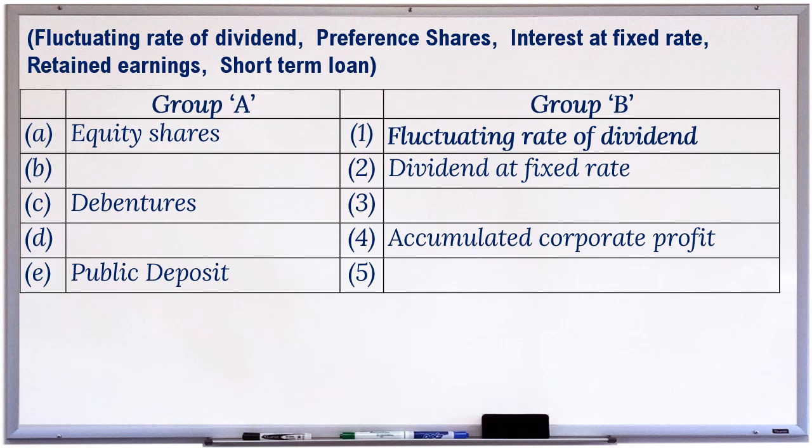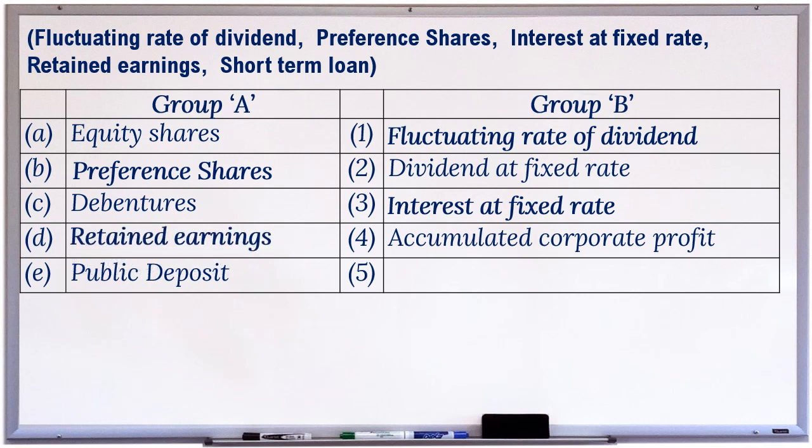The correct option is preference shares. C. Debentures. The correct option is interest at fixed rate. D. Accumulated corporate profit. The correct option is retained earnings. E. Public deposit. The correct option is short-term loan.